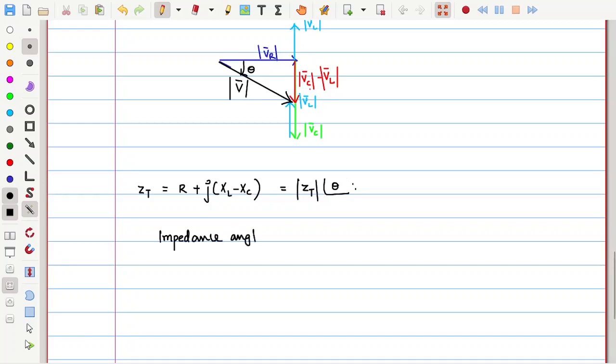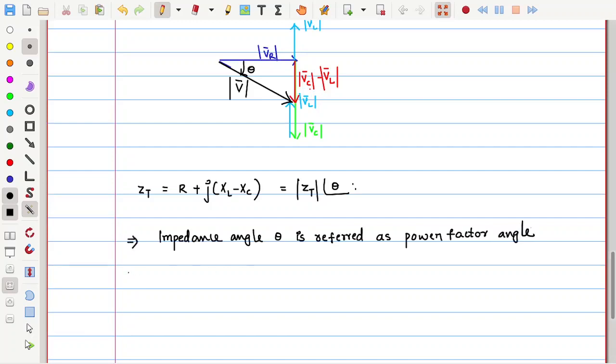How much is that angle? It is theta, referred to as the power factor angle. The impedance angle can also be referred to as the power factor angle.